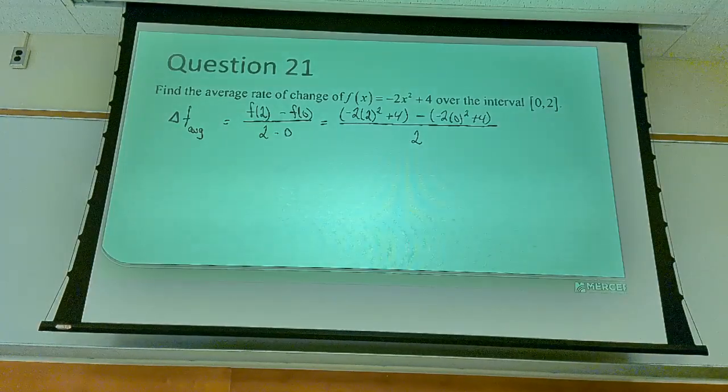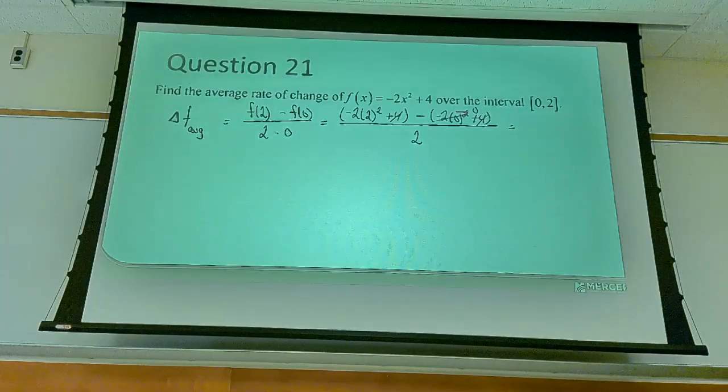It was really difficult. Here's why I wrote it out this way, actually. Notice that the 4's cancel out. You're just left with negative 2 times 2 squared, which is what? Right, because these 4's will drop out. Negative 4, and then that is just 0 here. So 2 squared is what?